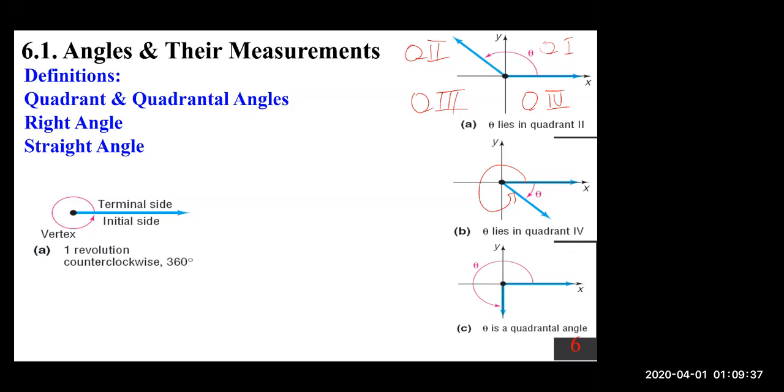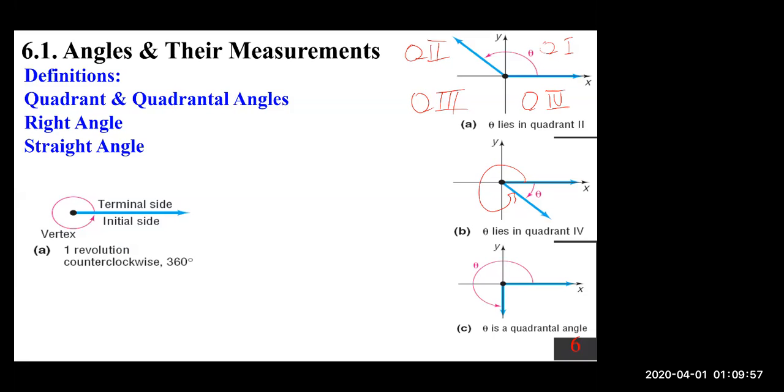Now, a quadrantal angle refers to an angle whose terminal side is on one of the axes. For example, right now the way this is, some of you obviously remember this is 3 pi over 2.